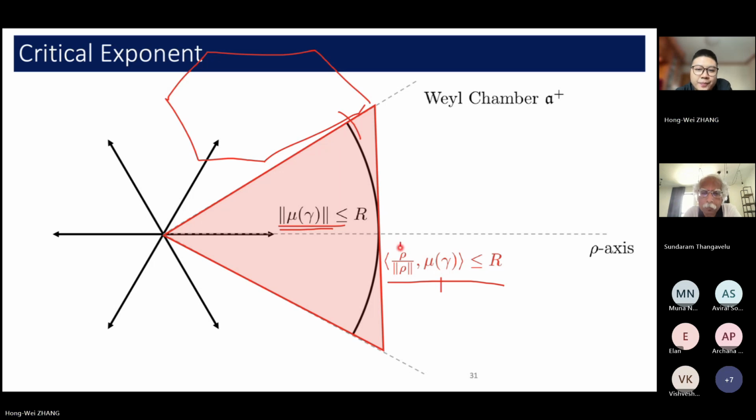This is what we call the polyhedral distance, because we consider both the length and the direction. Okay. But probably in the one-dimensional case you don't see that distinction. In rank 1 they are the same, there is no direction problem. Exactly.